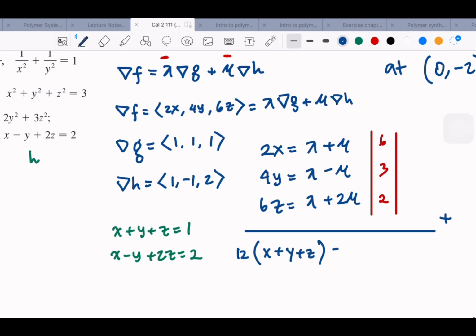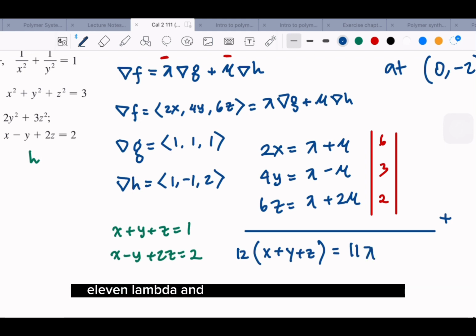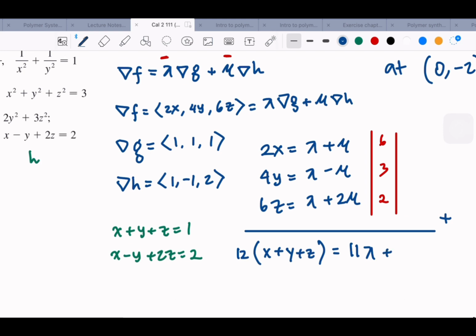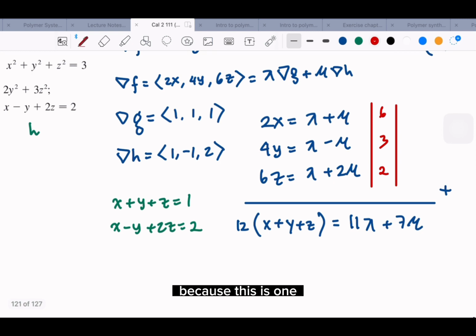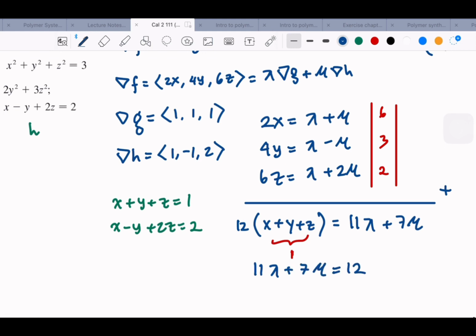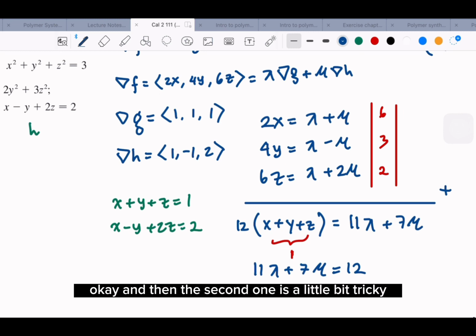Okay, 6 plus 3 plus 2 is 11, right? 11 lambda, and then 6 plus 3 plus 4 is 7, right? So it gives, because this is 1, it gives a value that is equal to 12.